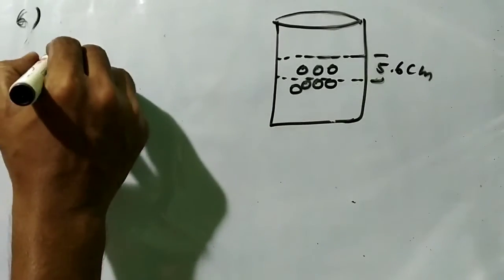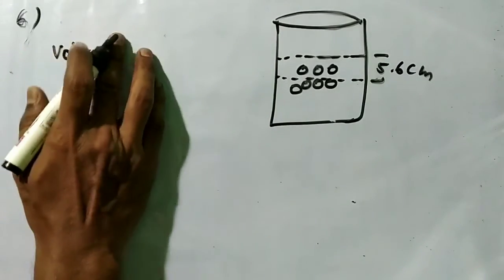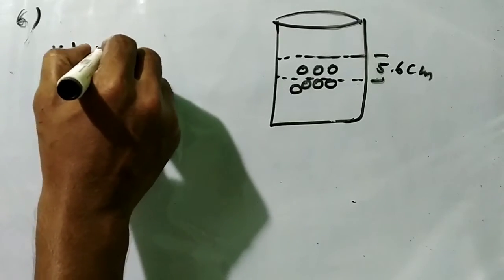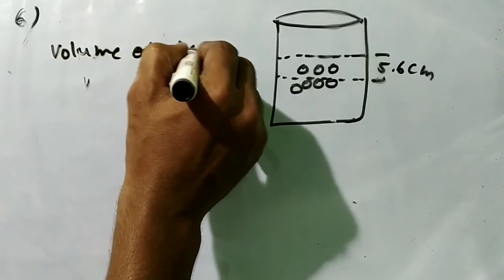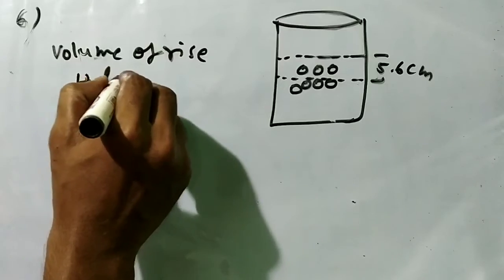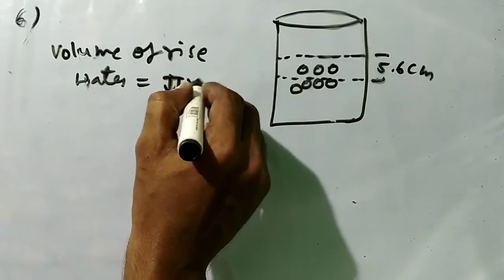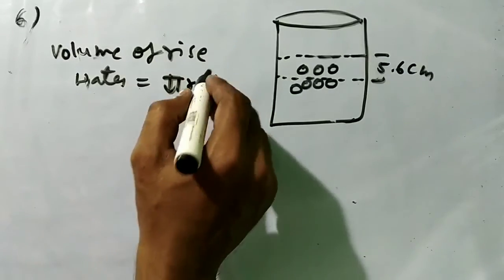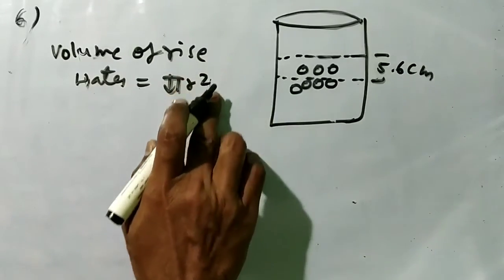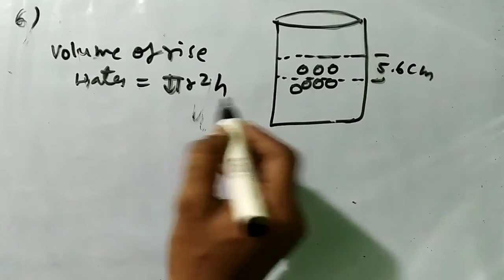Here, the volume of the risen water. We take the volume of a cylinder, pi r square h. You may get a doubt about why we take pi r square, the volume of a cylinder.